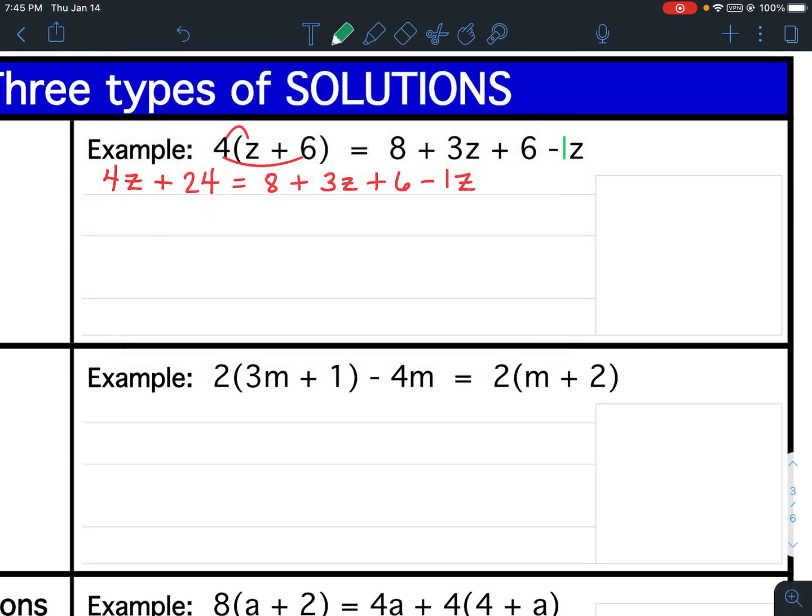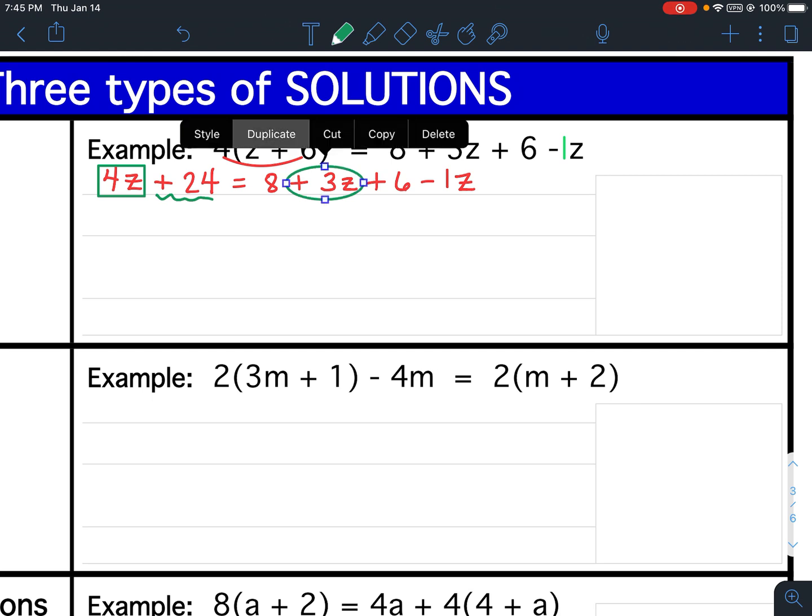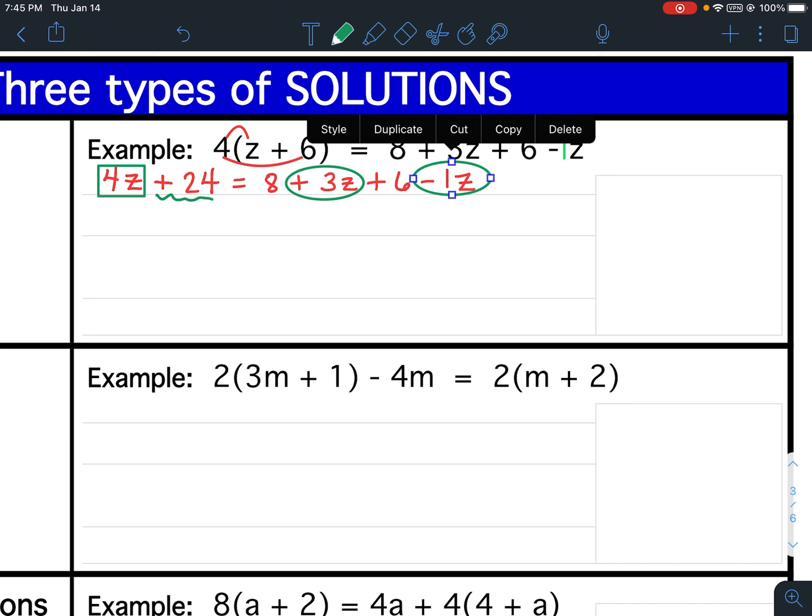Second step, combine like terms. Well, on this side, there's really nothing to combine. But on the right side of the equation, we have the positive 3z, the negative 1z, 8, and 6.